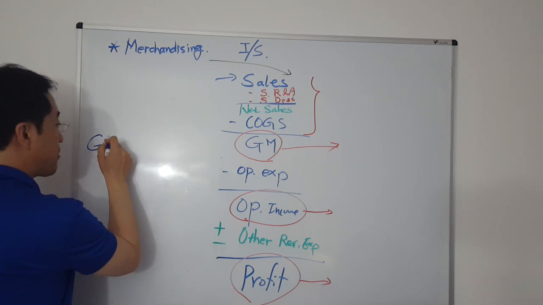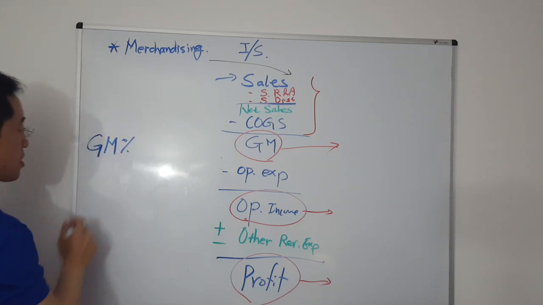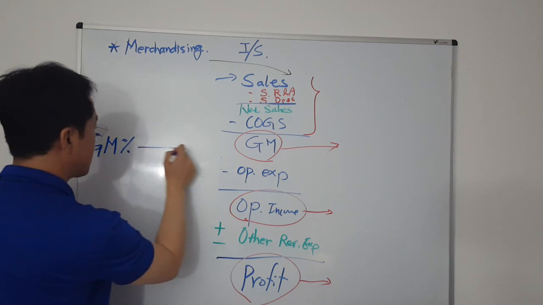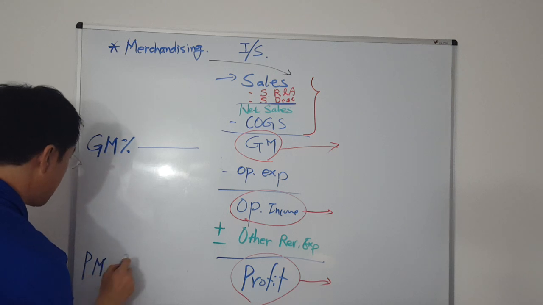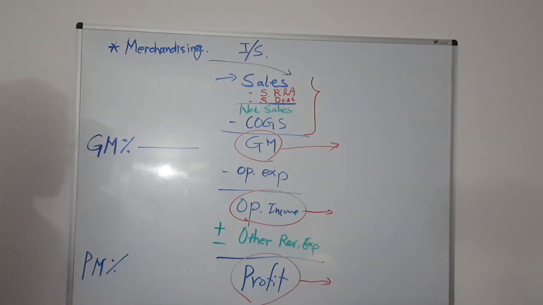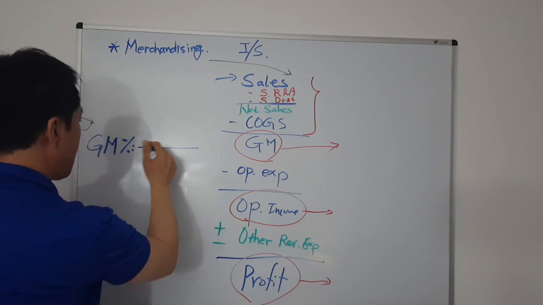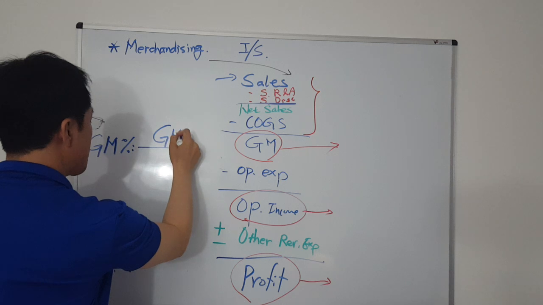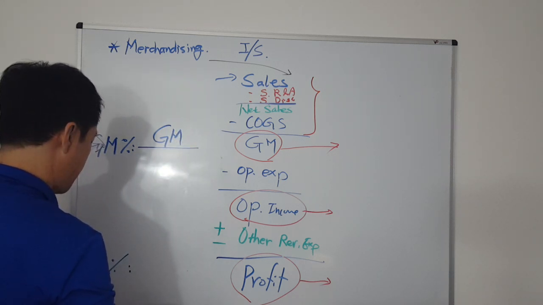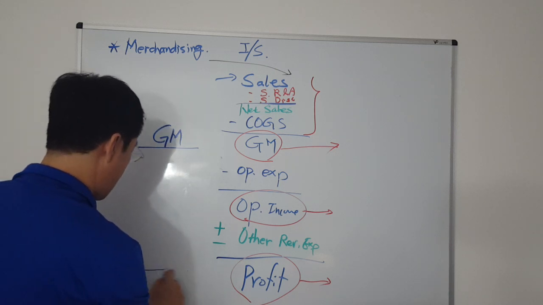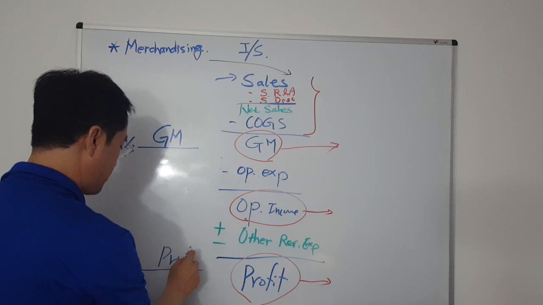Gross margin ratio, gross profit ratio, same thing. And also profit margin ratio. How? Definitely gross margin percentage here. Gross profit. Here, definitely profit, right?